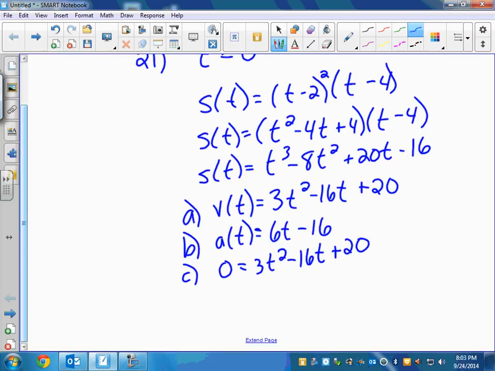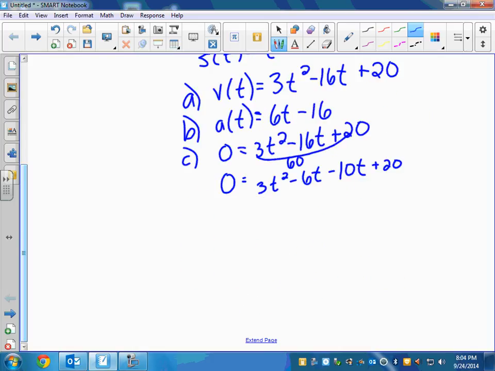And that's a quadratic. You could do the quadratic formula here. I don't really know that completing the square is the best option. But it actually turns out that it's factorable. You can multiply 3 times 20 together and get 60 and figure out what multiplies to give me 60, that adds to give me 16. And I think that's going to be 6 and 10, because negative 6 times negative 10 is 60, and negative 6 plus negative 10 is negative 16.